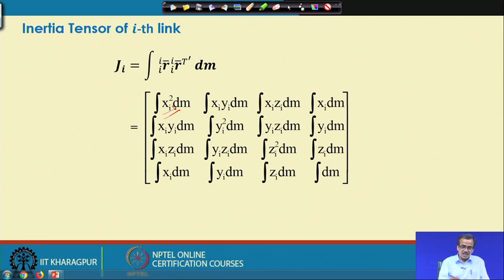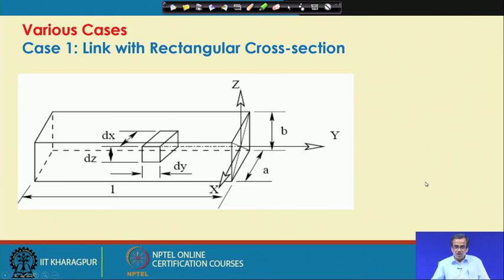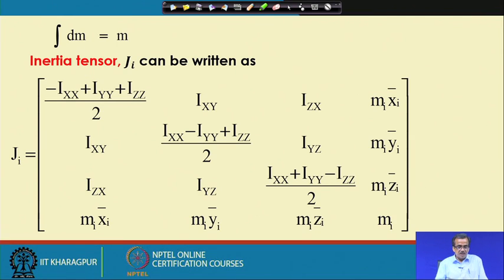To get this x bar square, I am using this, and to get the other terms, we are using this final expression for the inertia tensor. So, this particular inertia tensor can be derived starting from first principles.